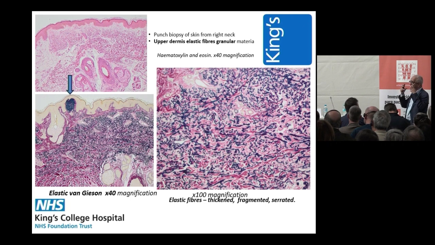It's almost a characteristic hallmark of early aging in this process. You can see the elastic fibers on the right side, that they're thickened, and they're fragmented, and they're serrated. So these are the hallmarks of a biopsy when we look at it under the microscope. So it's very important to do a biopsy. If you're not sure, you do a biopsy to confirm these skin changes, because otherwise it'll just be your impression.